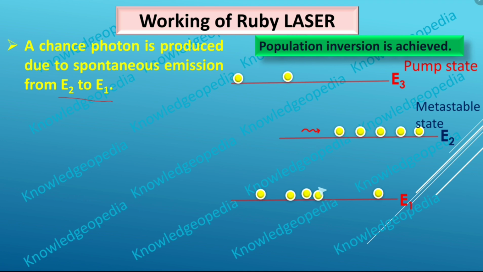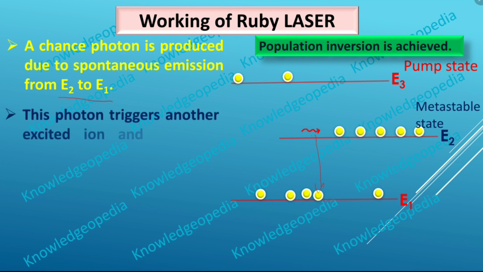So this is stimulated emission. When this ion is moving from E2 to E1, it is again emitting one photon. So this photon triggers another excited ion and leads to stimulated emission, and because of this emission we are getting one more photon.